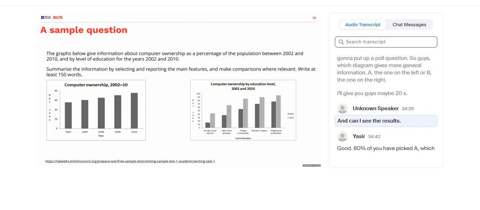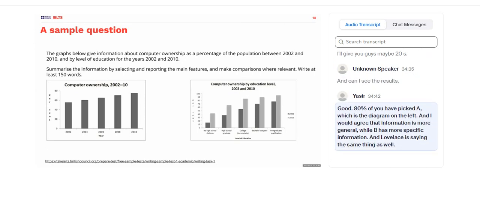And can I see the results? Good. 80% of you have picked A, which is the diagram on the left, and I would agree. That information is more general, while B has more specific information.